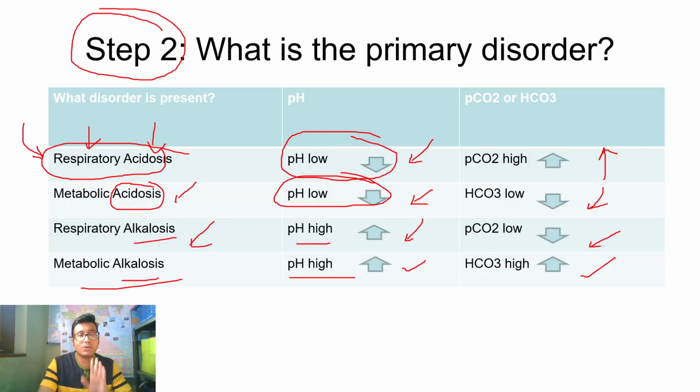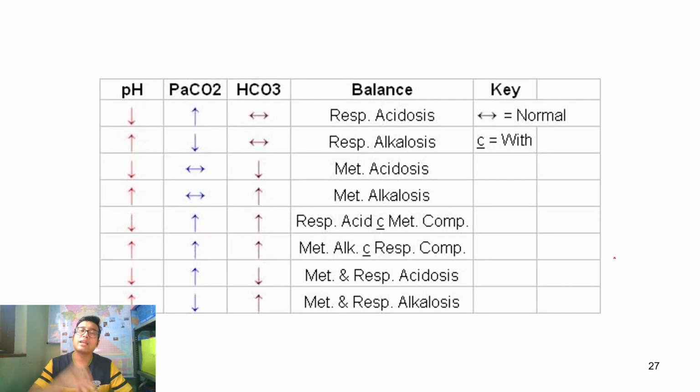If you are okay with this slide, then I would suggest to pause this video and copy this slide also. Why? I'll tell you why. This slide also tells you about the compensation. Over here, see, pH low means acidosis. It is due to PCO2. Therefore, it's respiratory acidosis.